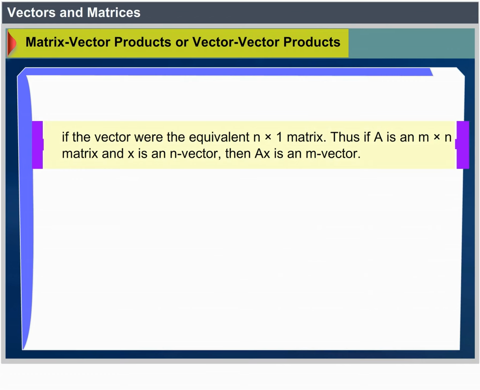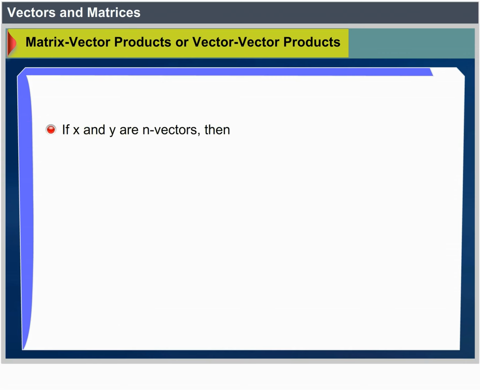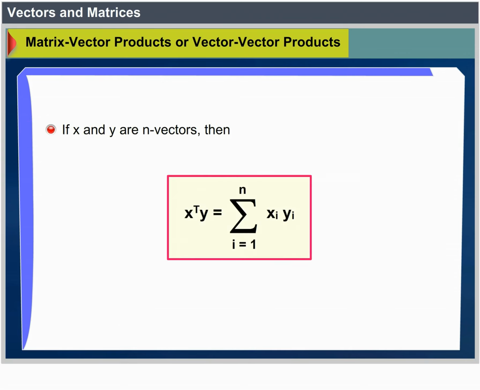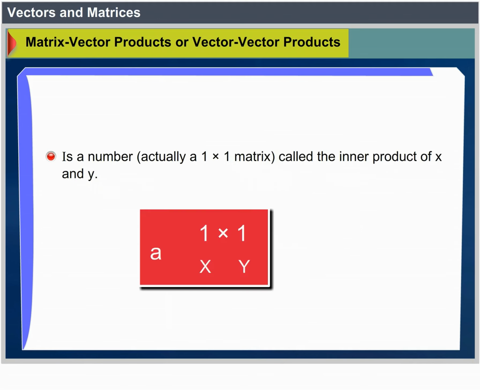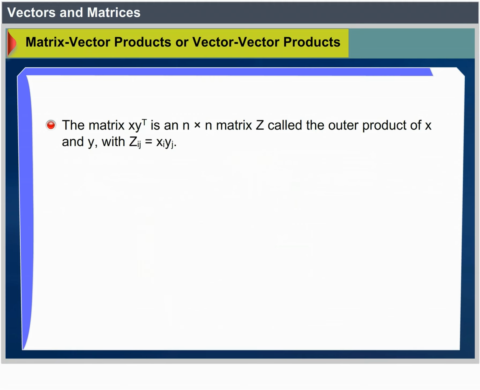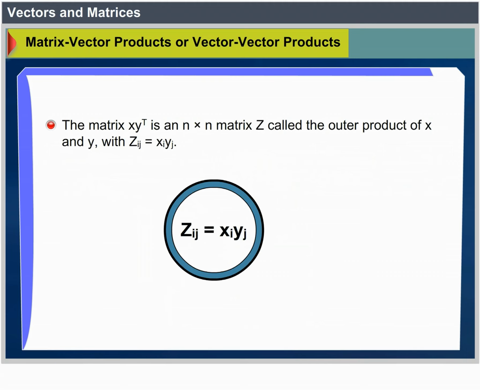If x and y are n vectors, then x transpose y equal to the summation of i equal to 1 to n of xi yi is a number, actually a 1 by 1 matrix, called the inner product of x and y. The matrix x y transpose is an n by n matrix Z, called the outer product of x and y, with Zij equal to xi yj.